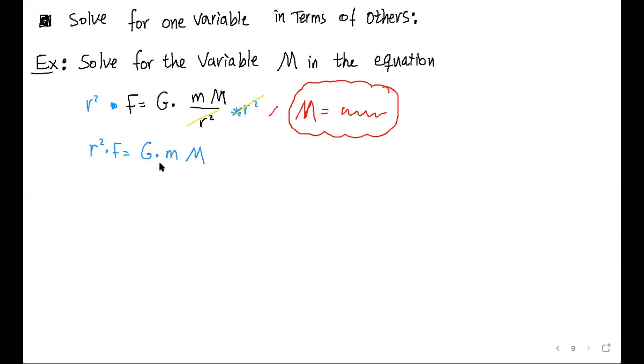Divide both sides by G and small m. So I'm going to get r squared times F over G times small m equal capital M. And this is my answer.